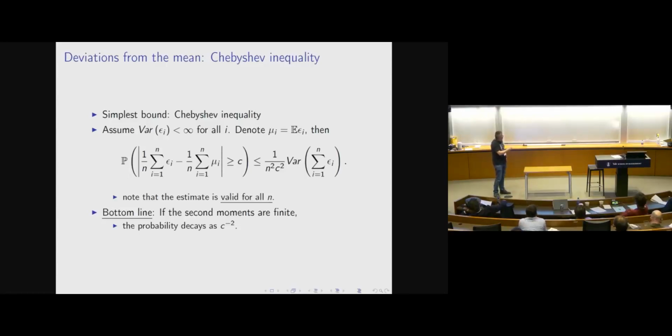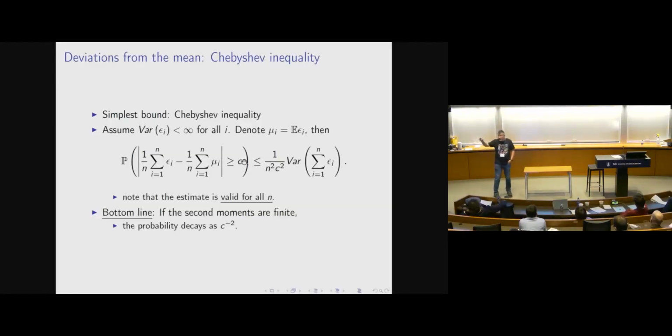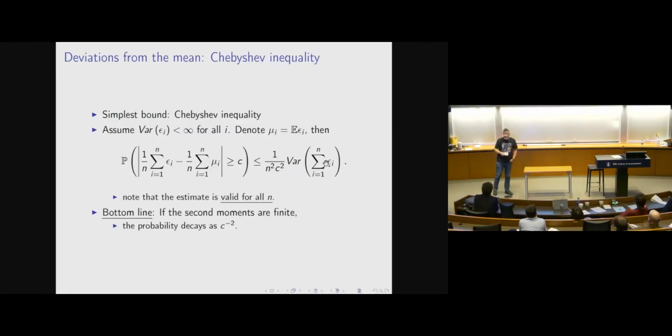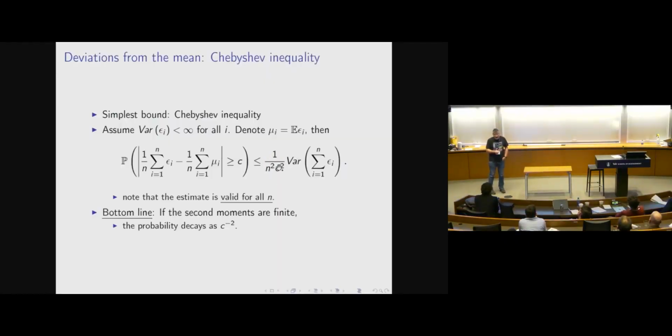It says, let's find the probability of the average being different from its mean by more than some level C. The Chebyshev inequality says that if the second moments exist, the variances exist, then this probability of the large deviation declines as C squared.